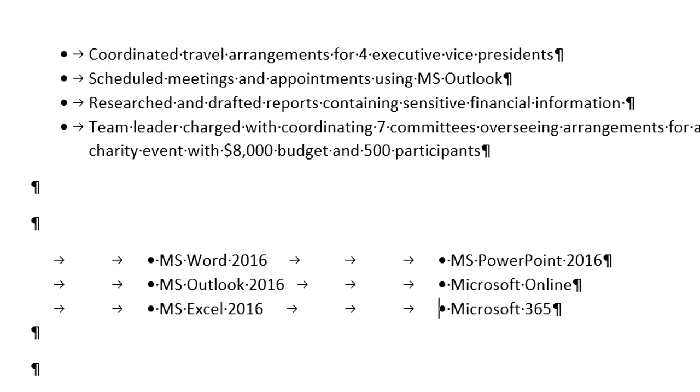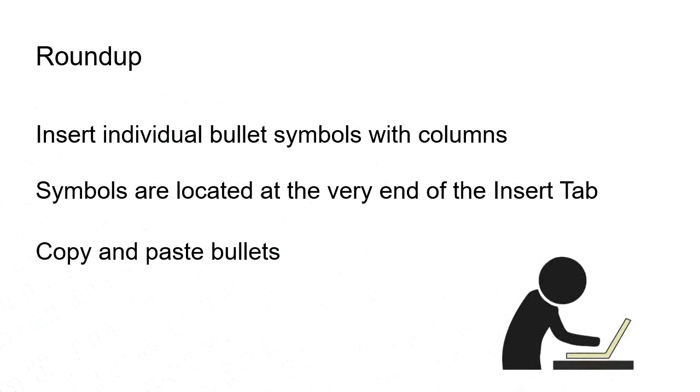Now it's done. As you can see, this isn't a very efficient or easy way of adding bullets to a document. If things change, you'll have to delete them and re-add them. It's much easier if you can get Word to do it with the bullet feature.